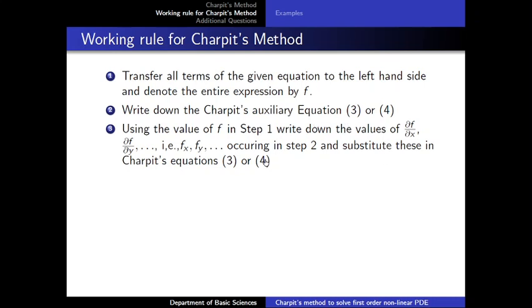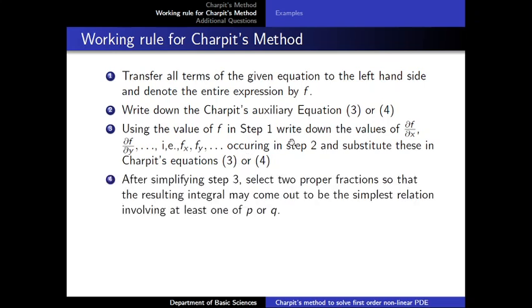Then we will evaluate fx, fy, fz, fp and fq and substitute these values in the Charpit's equations. Then we will simplify the auxiliary equations.